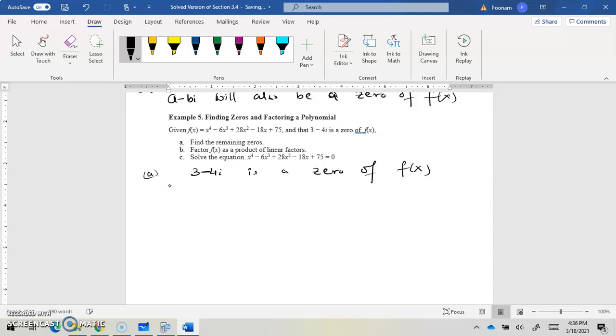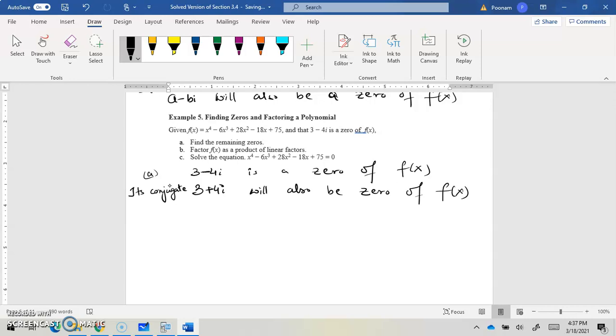Conjugate means just change the sign of the complex part. So 3 plus 4 iota, its conjugate, will also be a zero of the function. Okay.